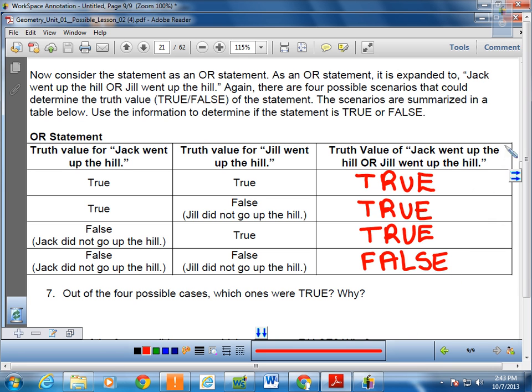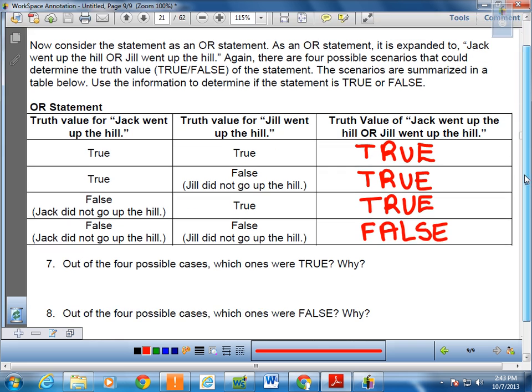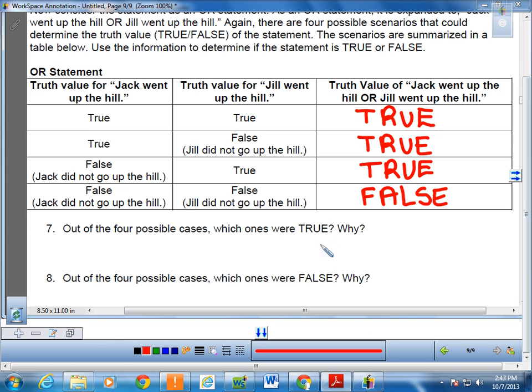Out of the four possible cases, which ones were true and why? So for our answer to number 7. The statement is true if one or both go up the hill.